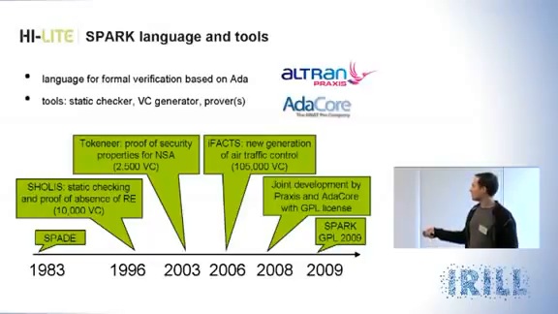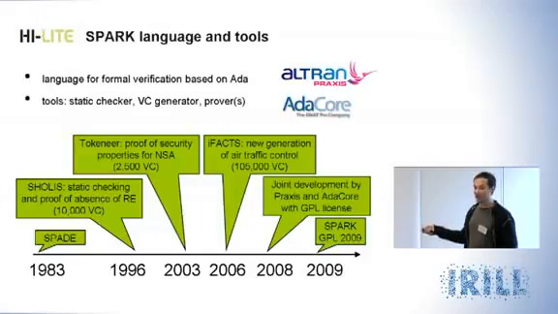More recently, in 2003, the NSA mandated Praxis to redevelop a small biometric system called Tokeneer to serve as a proof of concept. And it was 2,500 VCs. And by the way, this Tokeneer security system is open source today and available on the web.